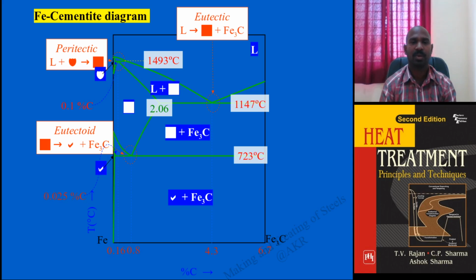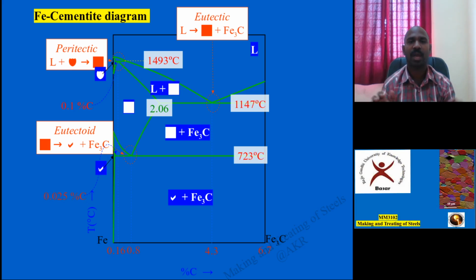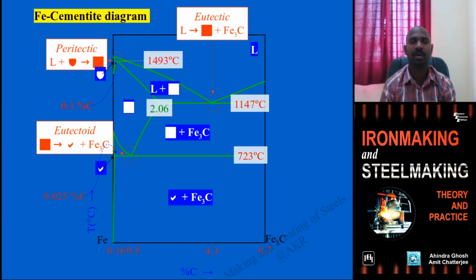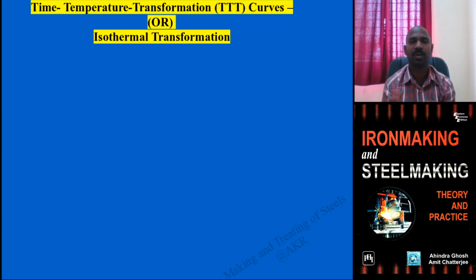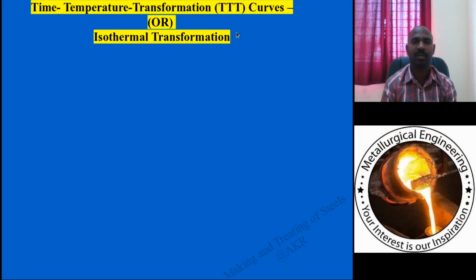There are a few steels developed by taking into consideration the time temperature transformation diagram or the continuous cooling transformation diagram, and we are going to learn about the materials developed from those steels in this particular topic. The time temperature transformation curves also have another name, isothermal.